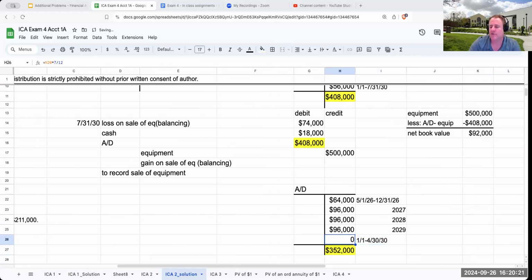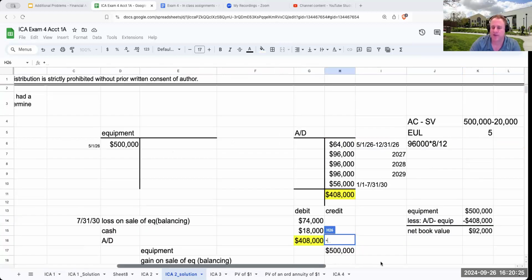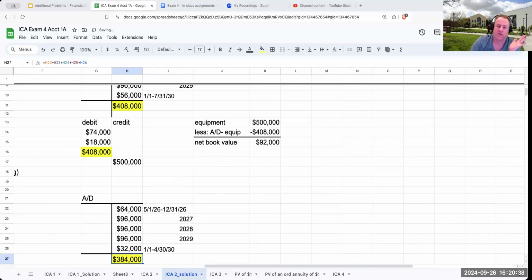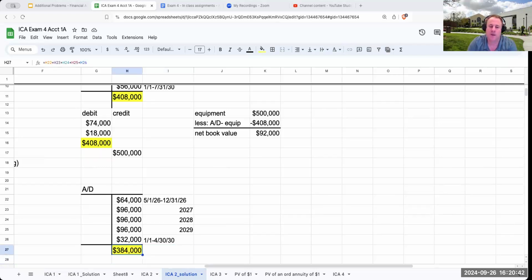The annual amount of depreciation expense was 96,000. How many months did I use it for? January, February, March, April. I'm going to multiply this by 4/12 and I'll get 32,000. So my accumulated depreciation as of April 30th, 2030 is going to be 384.